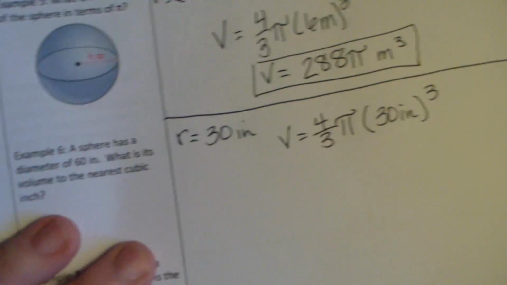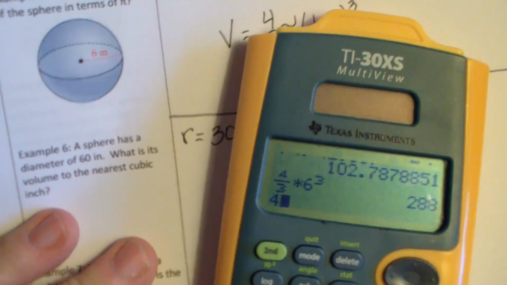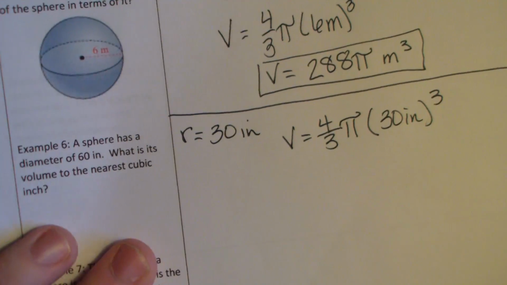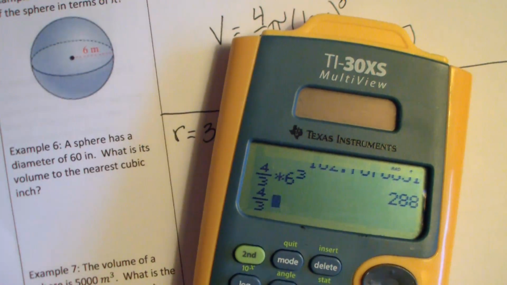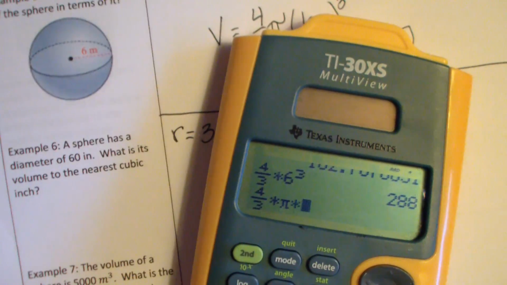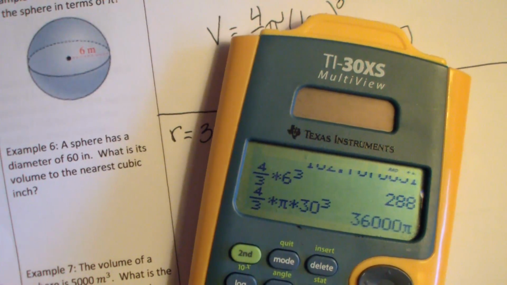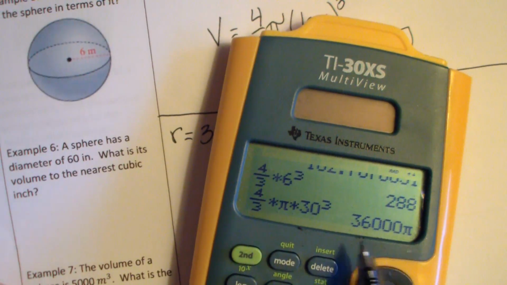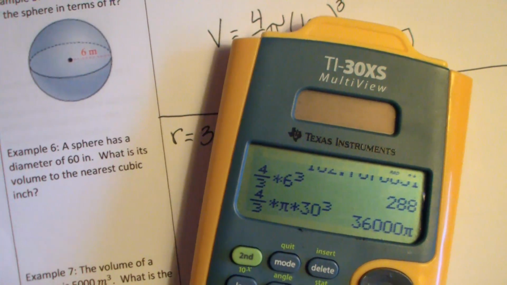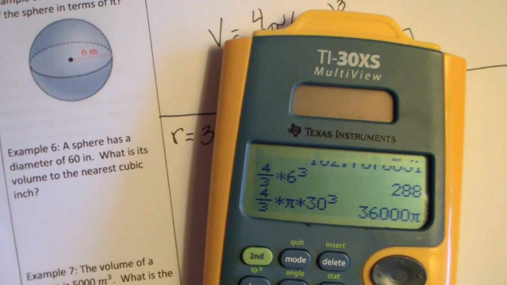That's going to be a big number. Alright, so 4/3 times pi times 30 to the third power. That's our exact solution, 36,000 pi.